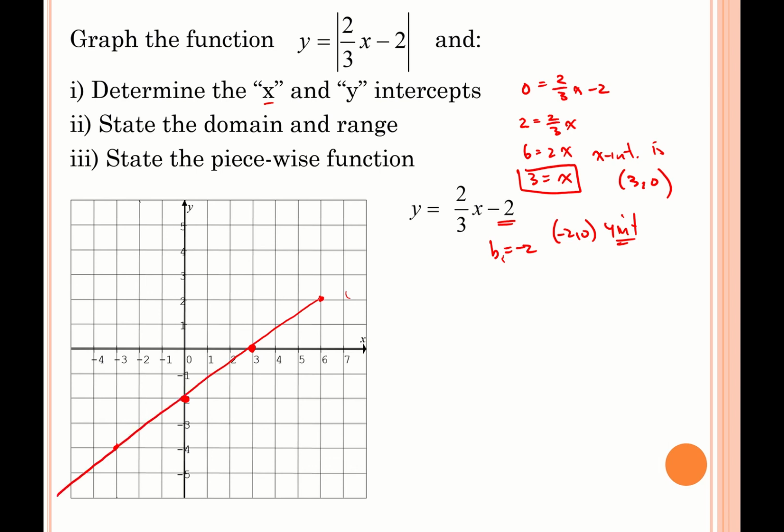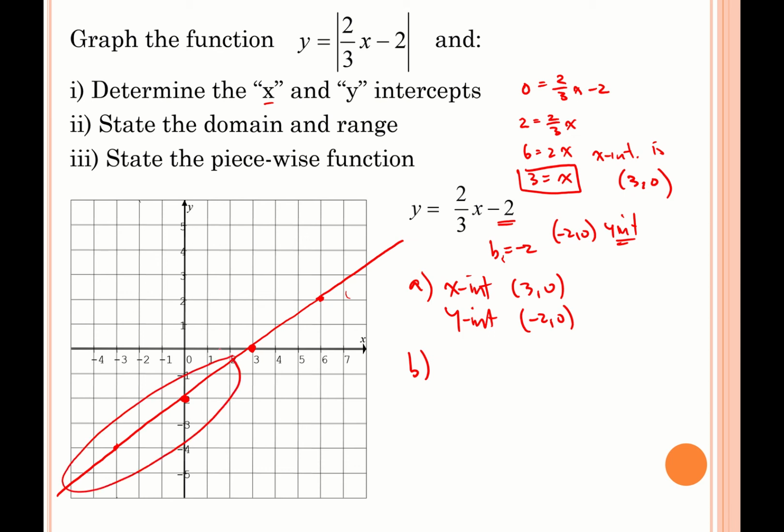Okay, there's my graph. So part A is your x-intercept is (3, 0), and your y-intercept is (0, -2). Part B asks, what's my domain? Now you're going to have to take the absolute value of this graph. This part over here is under the x-axis, so it's going to get flipped upside down.